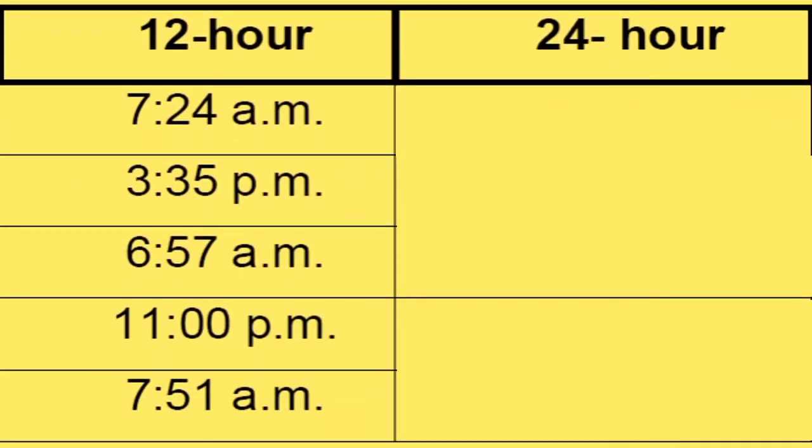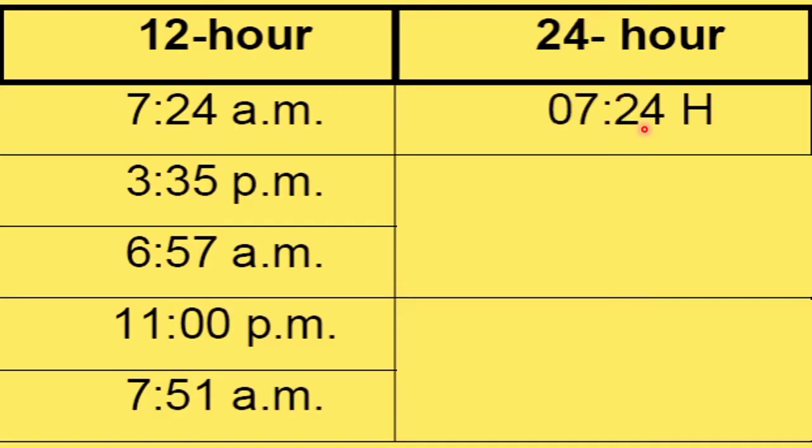Let's answer this activity. So, we have here the 12-hour clock format time, and then we will convert it into 24-hour clock format. Okay, so the first one is 7:24 a.m. What is its equivalent in 24-hour clock format? Correct. It is 07:24 hours.